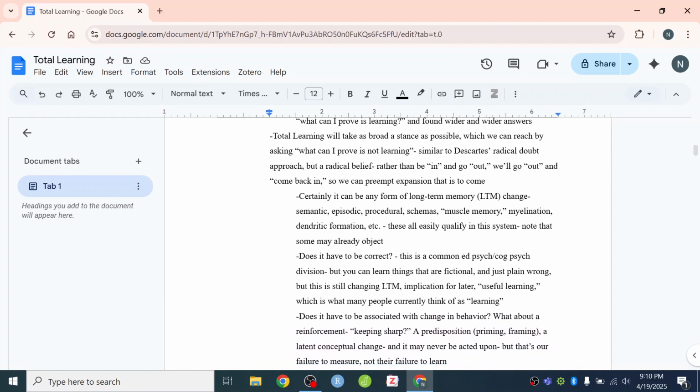Now this is an interesting point as well, and this is where maybe even some cognitive psychologists would shirk a little bit at this, which is the point of, does learning have to be associated with a change in behavior? Again, we often would define learning as a change in long-term memory, but what about a reinforcement, a sort of keeping sharp?